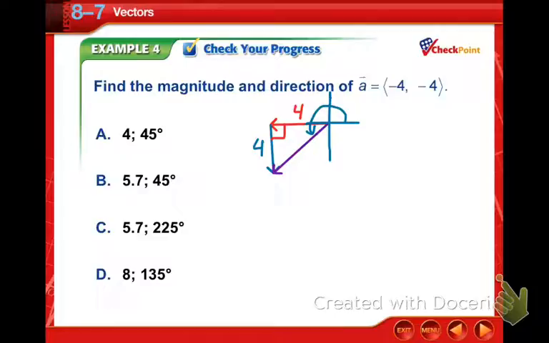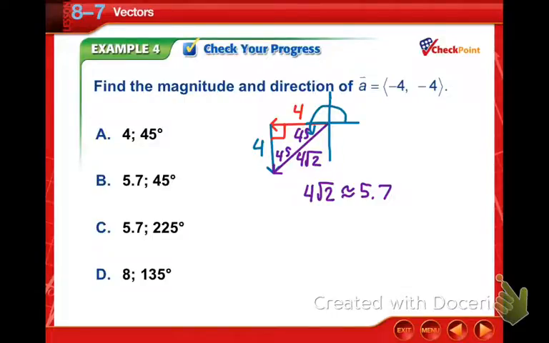So already we know that this angle here is 45, this angle here is 45, and because we know it's a 45-45 triangle, we also know that this is going to be 4 times the square root of 2. So now we just need to solve what 4 times square root of 2 is. Super easy, right? So 4 square root of 2 is about 5.7.